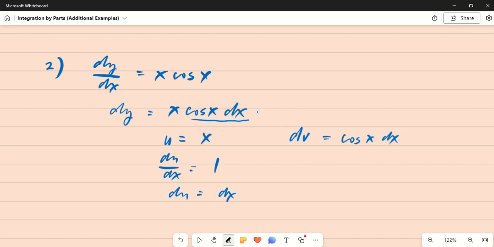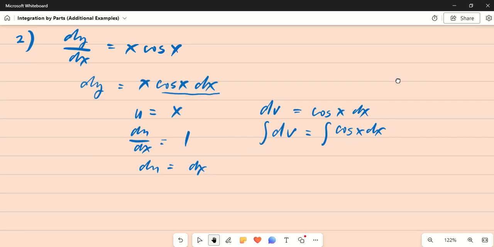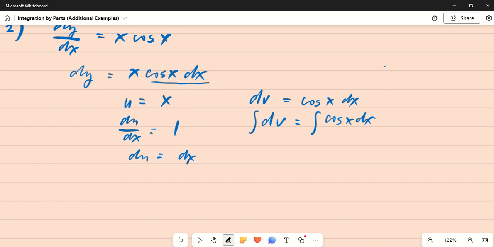Then after that, you get the integral because we are after v. So you have your dv here, and this is the integral of cosine of x dx. And the integral of dv is v. And you are aware that the integral of cosine x dx is sine x.